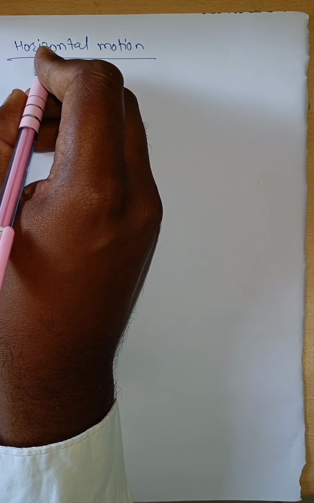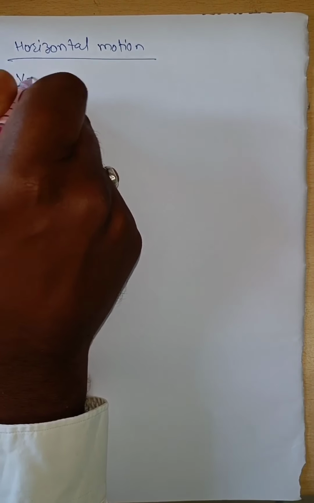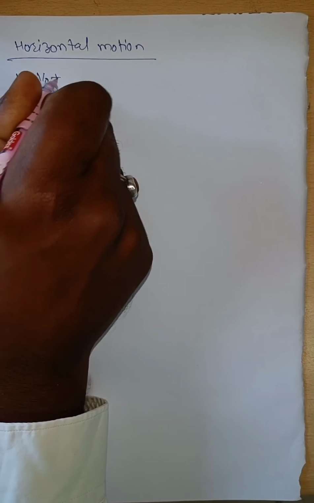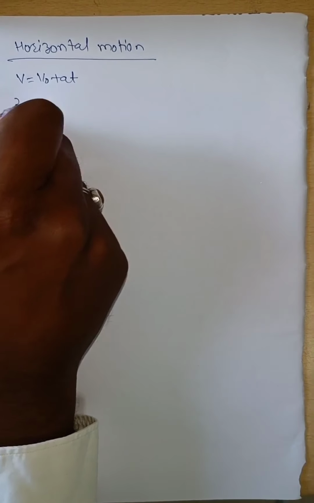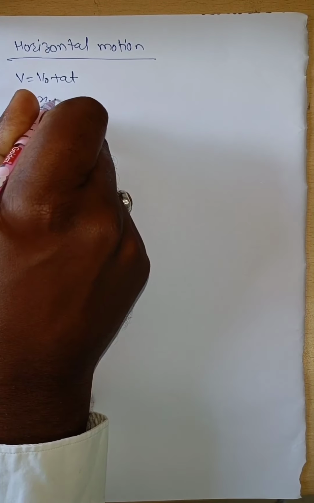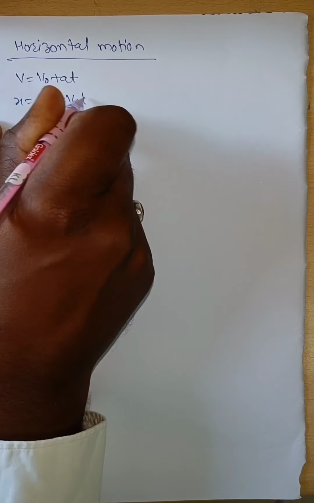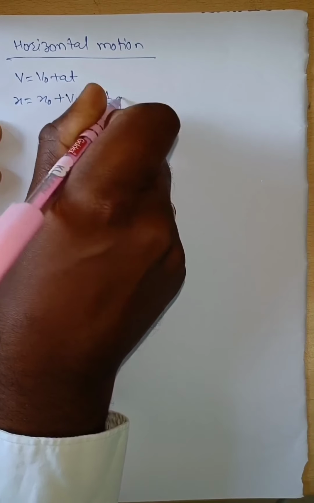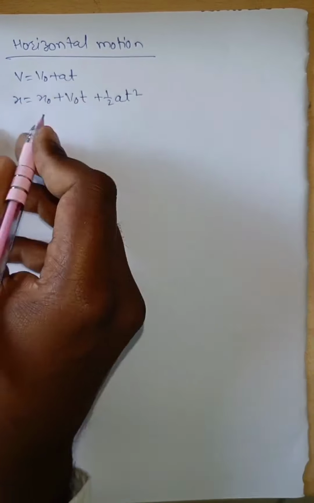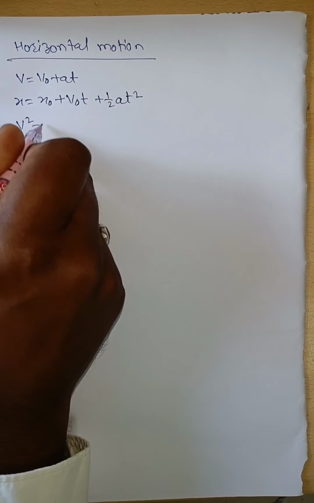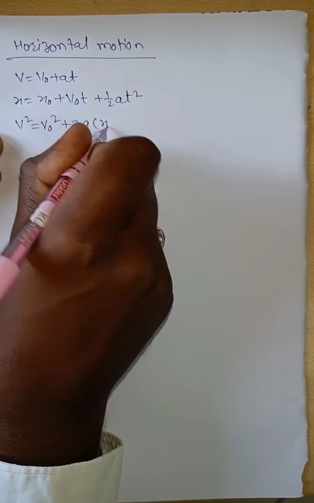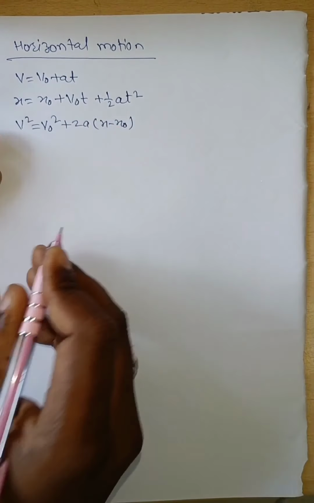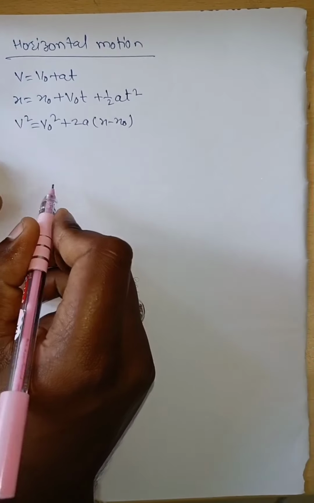The first equation is v = v naught + at. The second equation is x = x naught + v naught t + half at square. The third equation is v square = v naught square + 2a(x - x naught). This is the horizontal motion.